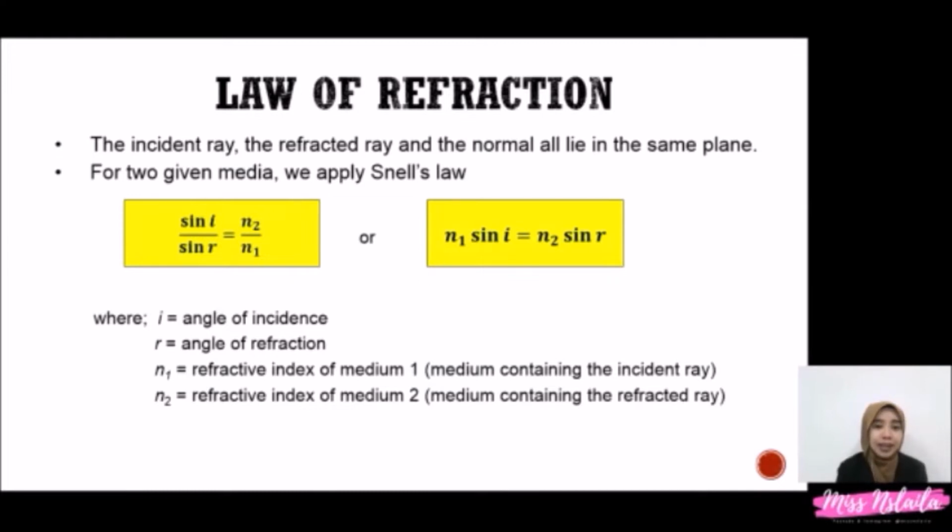I is the angle of incidence, R is the angle of refraction, N1 is the refractive index for medium 1, or the medium that contains the incident ray, and N2 is the refractive index of medium 2, or the medium that contains the refracted ray.